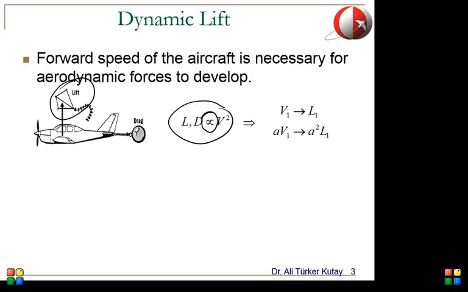Okay, so this is a known fact, and when designing an aircraft, you have a target weight. You want to carry a certain amount of weight. That means you need to create that much lift force, and at the same time you want to go as fast as possible, right? Because the main advantage of air travel is that it's much faster compared to going by railway or highway. So if you are flying, you want to go as fast as possible.